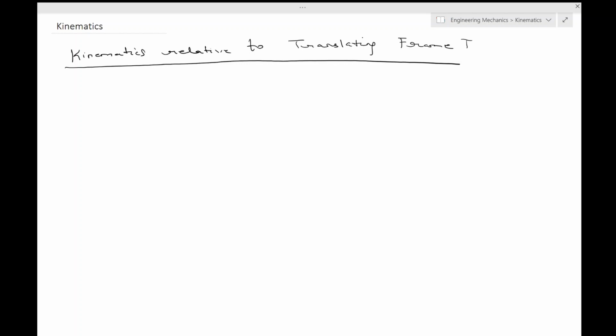In the earlier case, the frame M was rotating with respect to F. Right now it is translating with respect to F. So let's see how this goes.